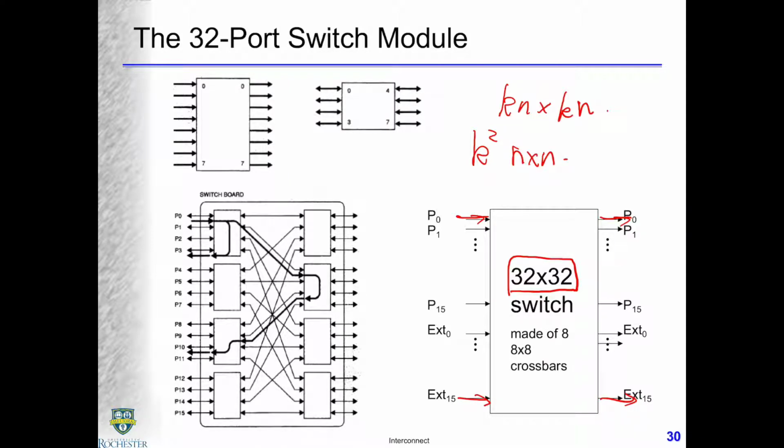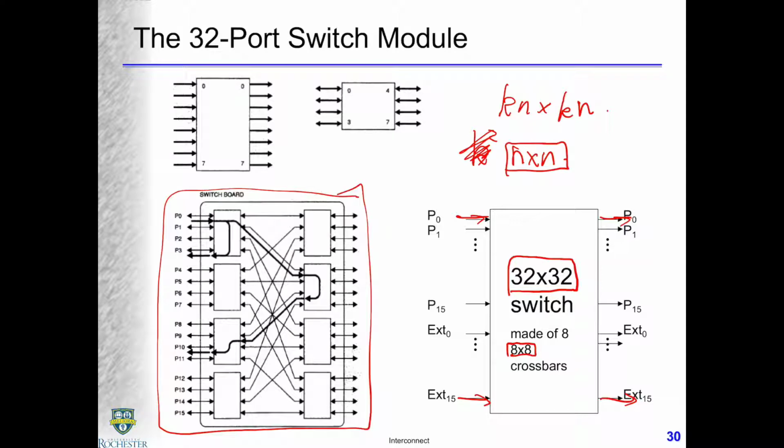Oh, by the way, sorry, this is not a complete crossbar. It was made out of n by m, but it wasn't a crossbar topology, so you don't need k squared. Sorry about that. It was made out of 8 by 8 crossbars, and if they had 16 of them, they would make a complete switch, but it's not. It's a 32 by 32 switch made in this fashion.